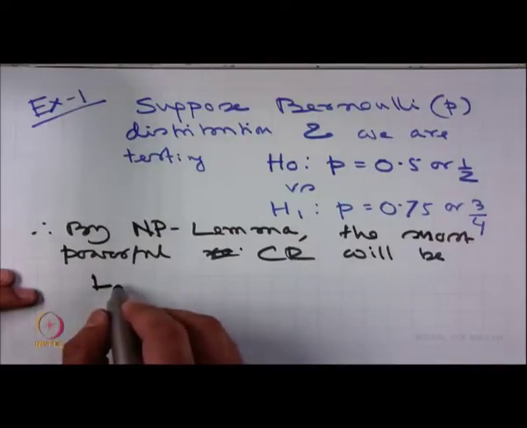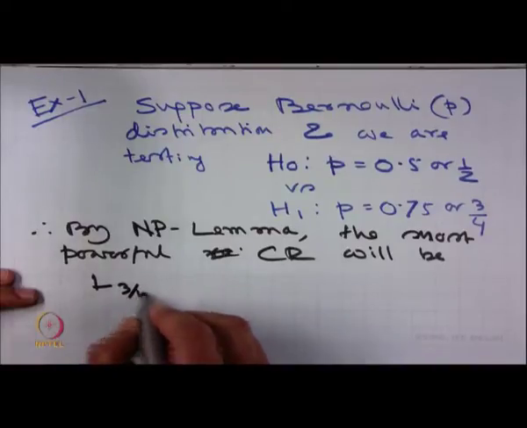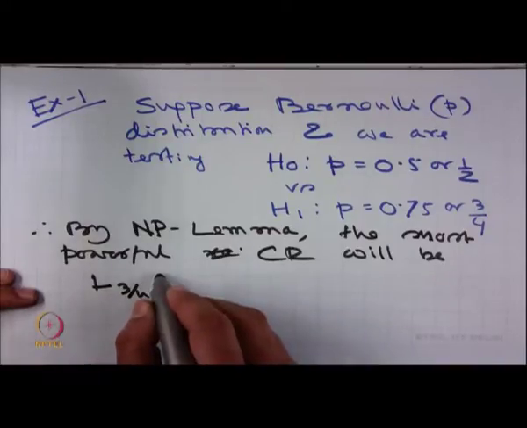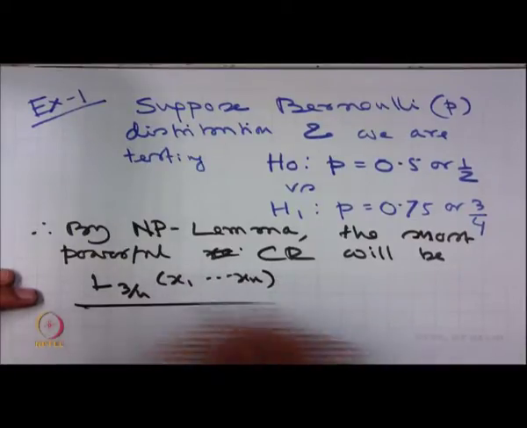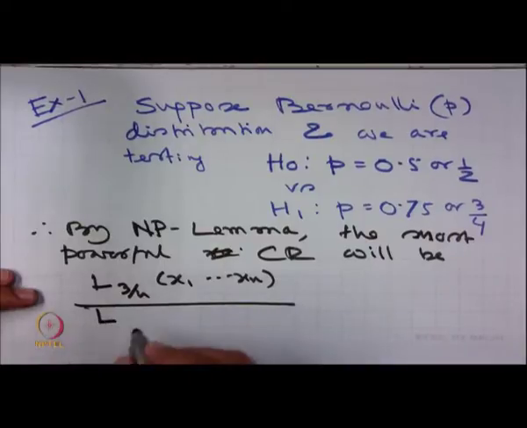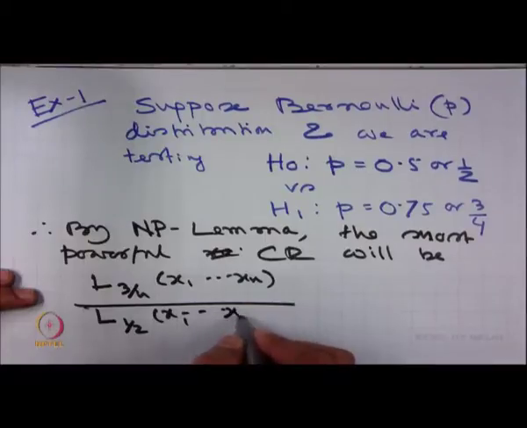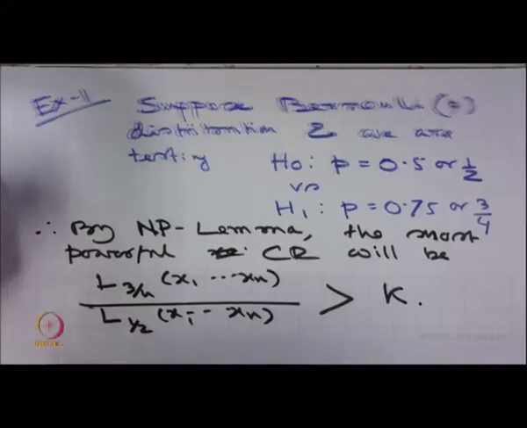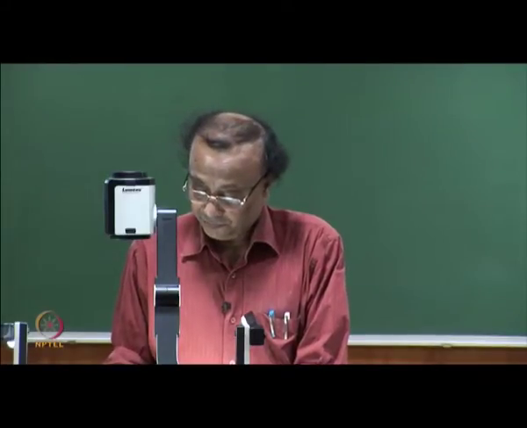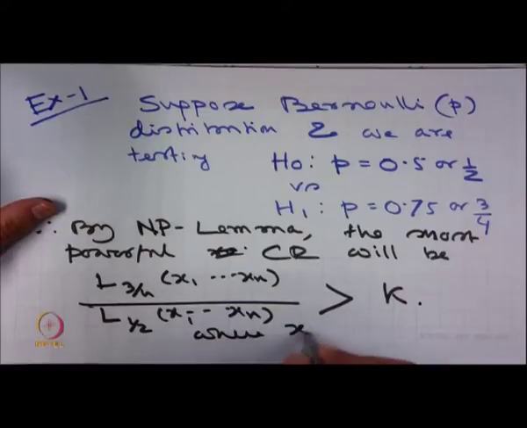L 3/4 of x1 x2 xn upon L half of x1 x2 xn is greater than k, where x1 x2 xn is the sample.